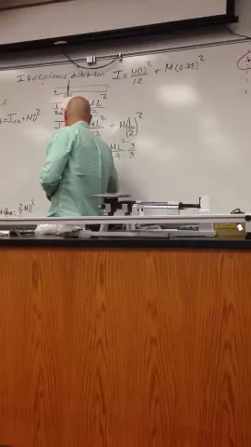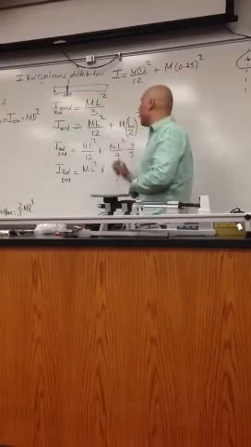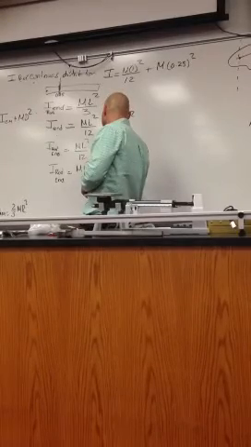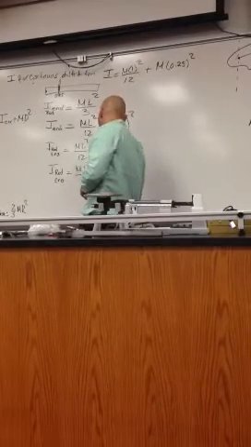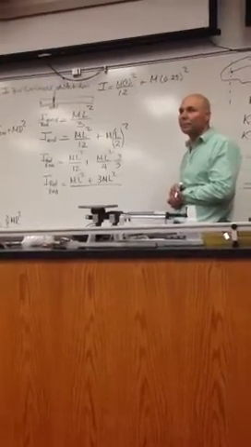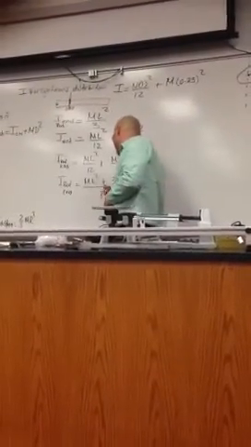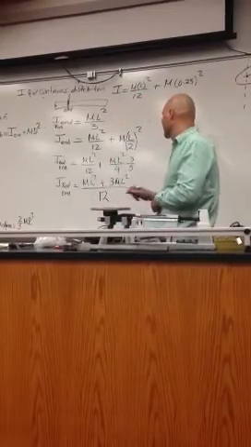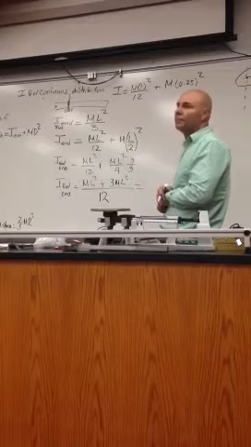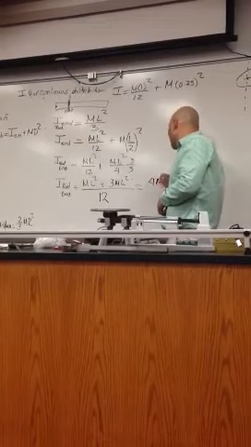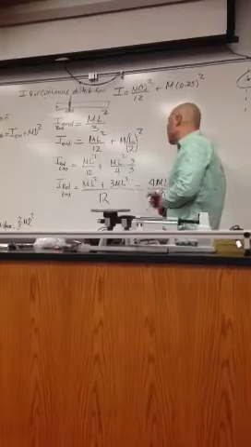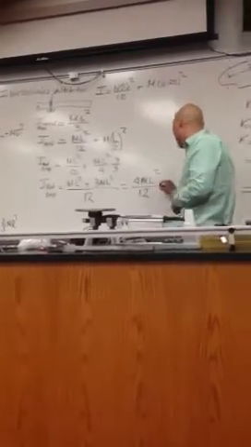ml squared plus 3 times ml squared, what will be? 3 ml squared over, and now I have a common denominator. Is that correct? What is the common denominator? 12. What will be ml squared plus 3 ml squared? 4 ml squared over what? How much do we get for I of the rod with respect to the end?